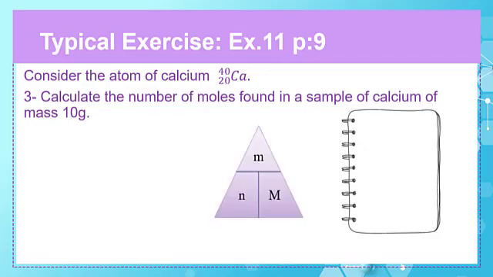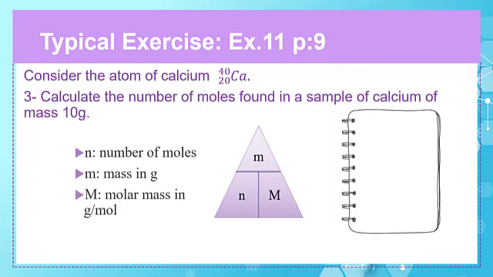To find the number of moles, we remember this triangle: n equal m over the molar mass. n stands for the number of moles, m for the mass in gram, and the capital M for the molar mass in gram per mole. Therefore, we start by writing the rule n equal m over the molar mass. The value of m should be in gram, it's given 10 gram. We divide it over the molar mass, which is 40, found in number 2, and the answer is 0.25 mole.